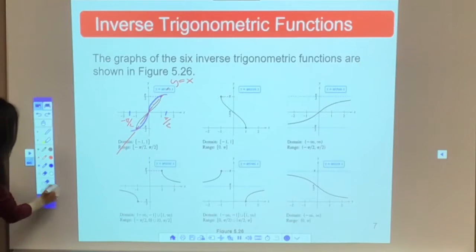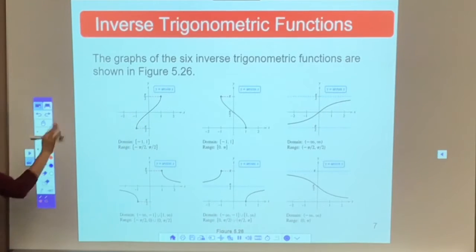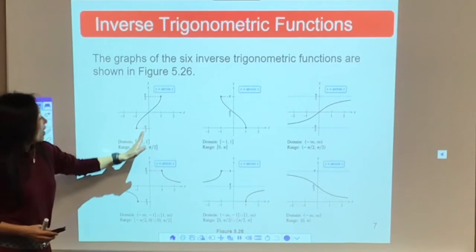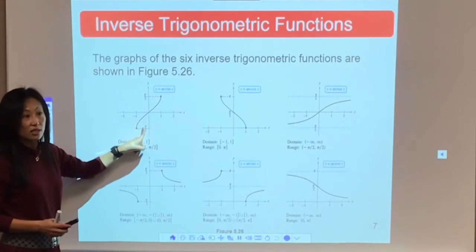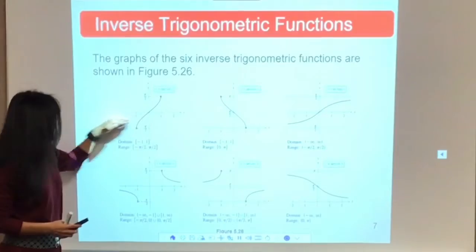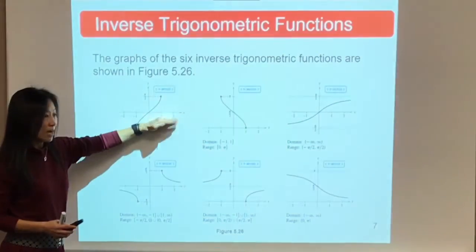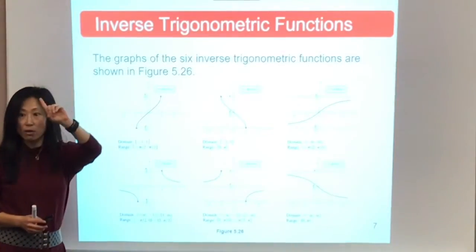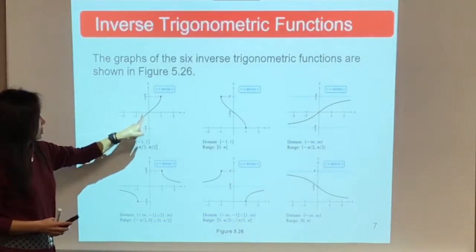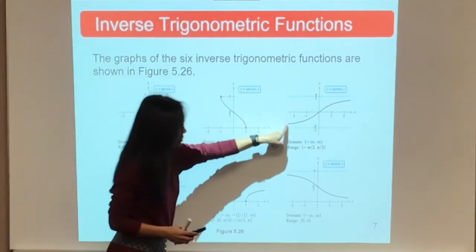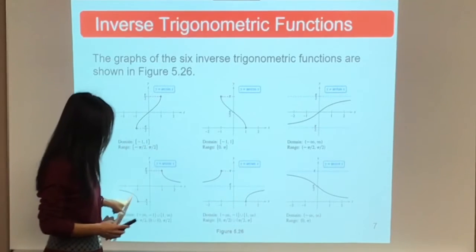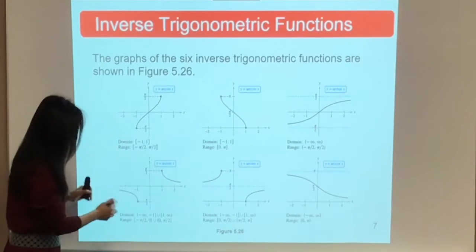So let's just look at the inverse function only. Don't worry about the regular function. So arc sine, this is what I'm going to look at. Clearly, you can see this is a one-to-one function. Is everybody with me? You draw a horizontal line, you draw a vertical line, they only pass once. So this is definitely a one-to-one function. What about here? Yes. Even this one. Why?